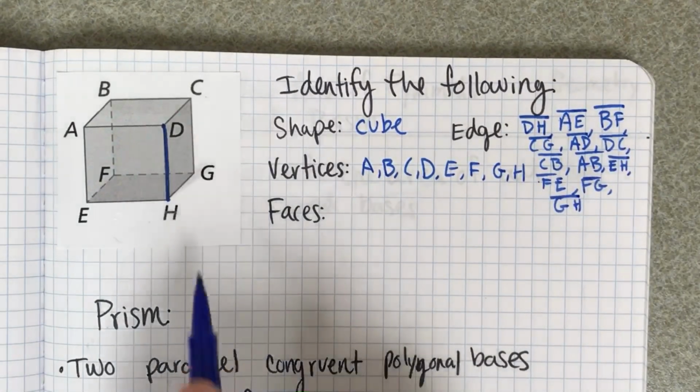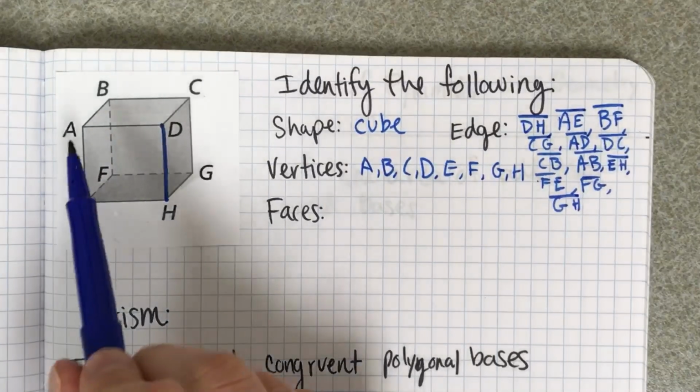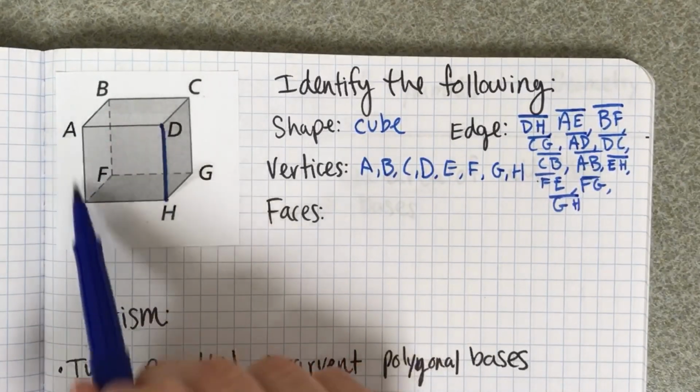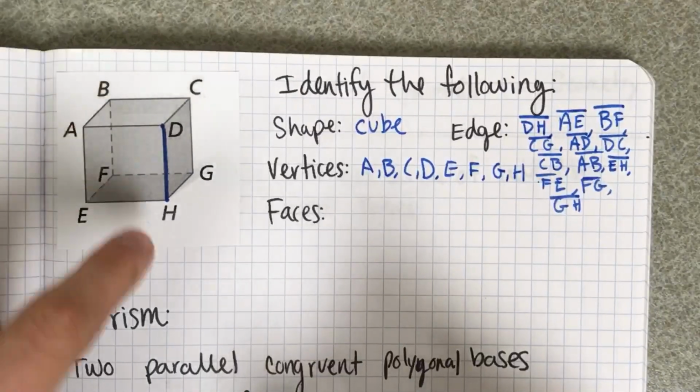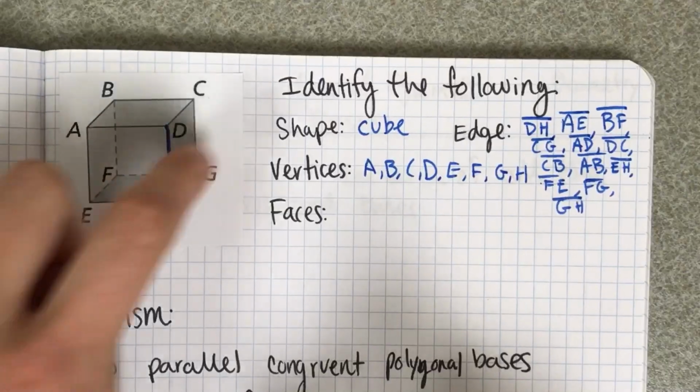All right, now for our faces, to form a face, we need all four corners, okay? So these faces are gonna have 4 letters. So we can do top, bottom, and then our 4 sides.